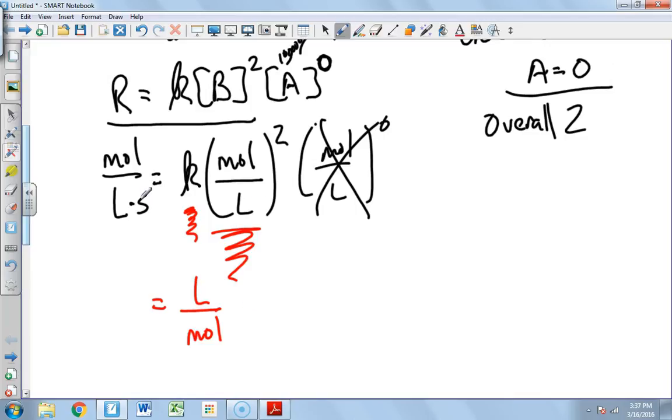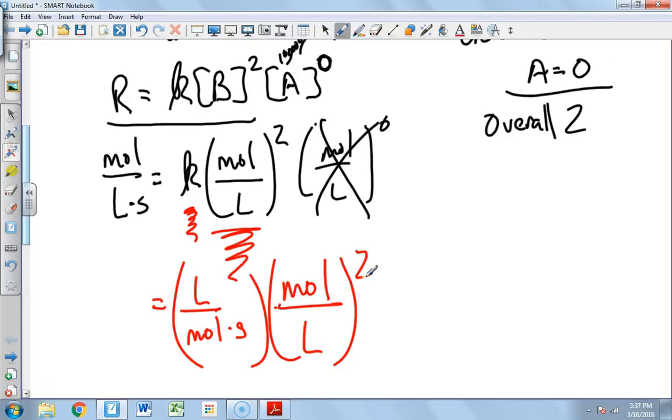And now we have seconds, or some unit of time, so we're going to put seconds on the bottom. So now what happens when we take that and multiply it by moles over liters squared? One of the liters cancels out, one of the moles cancels out, and now when we multiply that times this, you end up with moles per liter second.